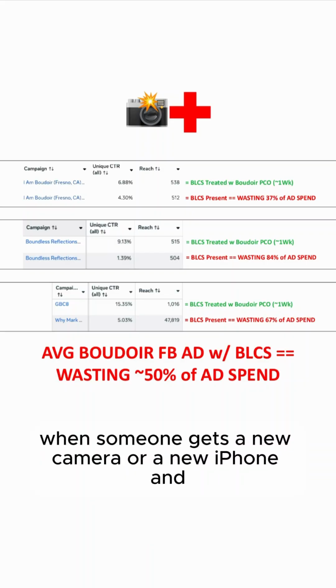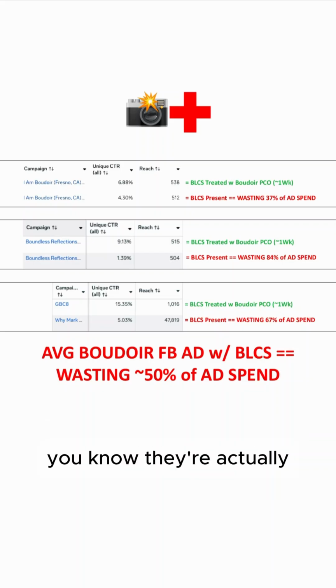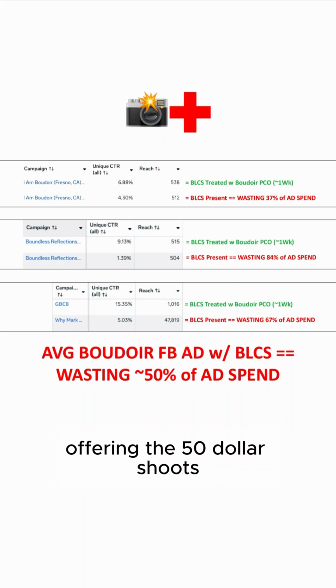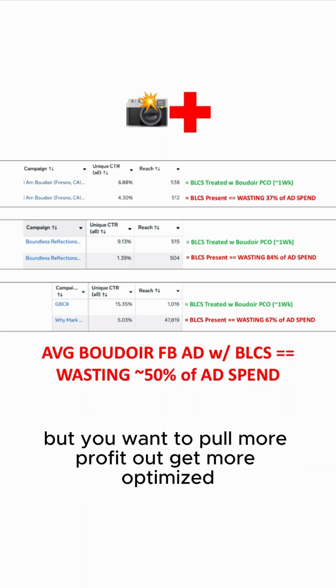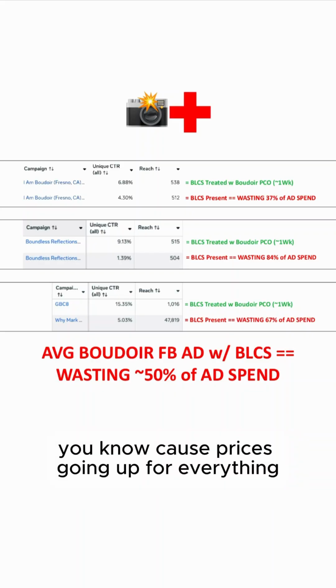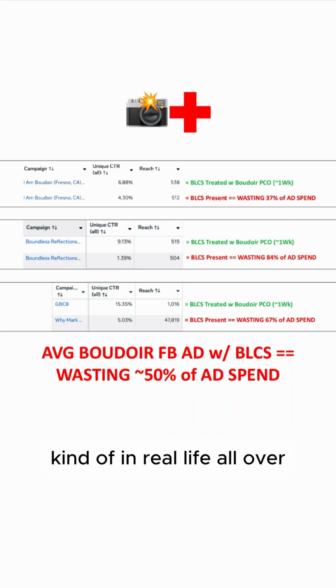Seems like when someone gets a new camera or a new iPhone, they're actually joining all the mom groups, offering the $50 shoots. But you want to pull more profit out, get more optimized, get more out of your ad spend, because price is going up for everything in real life all over.